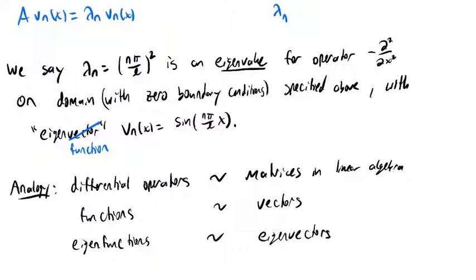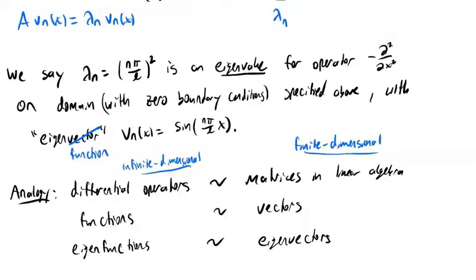The main point, though, is that in linear algebra, you study finite dimensions, finite dimensional. And in partial differential equations, things are necessarily infinite dimensional. And so a lot of what we're going to be doing for the next few weeks is sort of like infinite dimensional linear algebra. This is a good way to think about it.